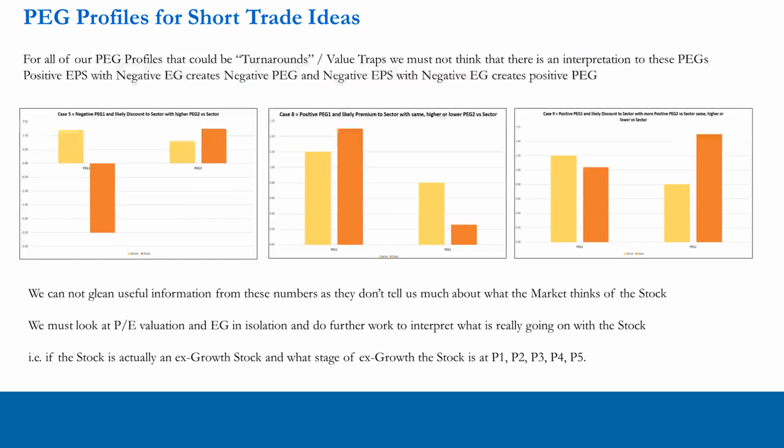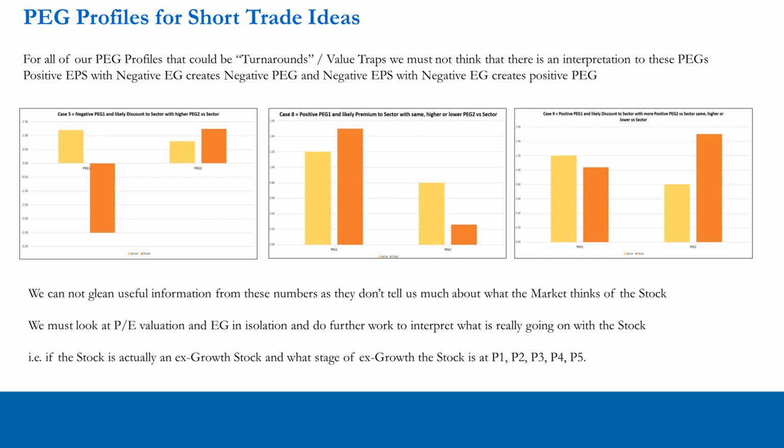So, in summary, when we're looking at PEG profiles that could be turnarounds or value traps, we mustn't think that there's an interpretation to these PEGs. A positive EPS number with negative earnings growth simply creates a negative PEG, and a negative EPS number with a negative earnings growth number simply creates a positive PEG.